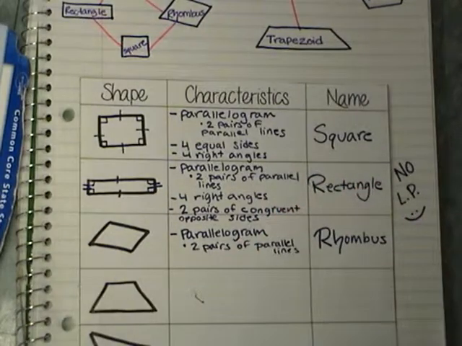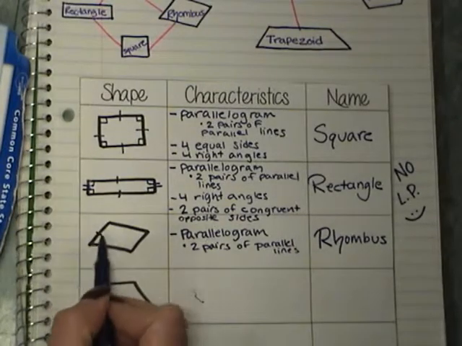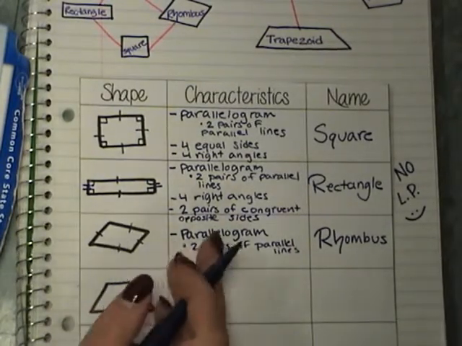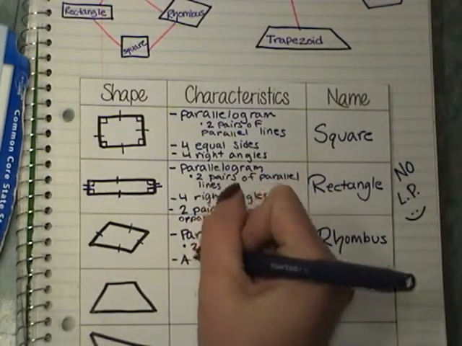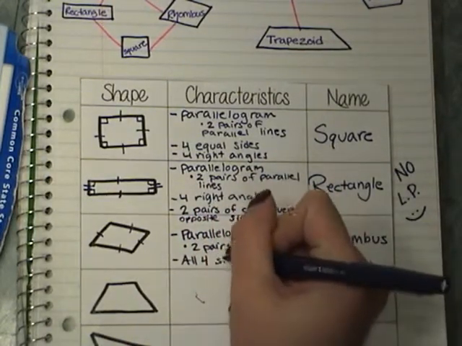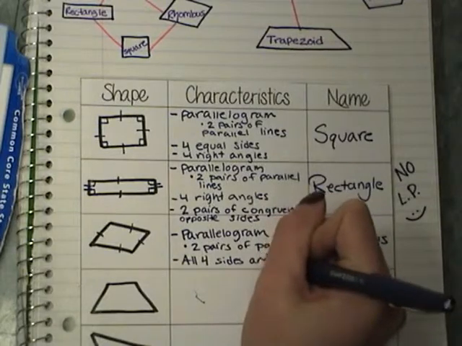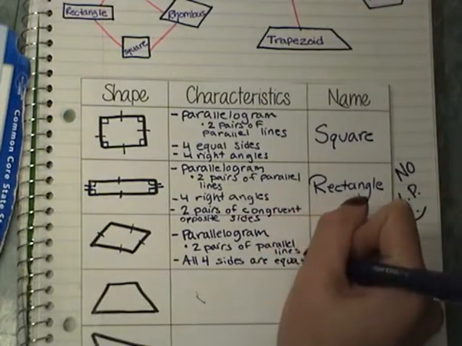Alright, what else? Well, the other characteristic that you can tell about a rhombus is that all four sides are equal. Equal, equal, equal, equal. All four sides are equal. And that is our rhombus.